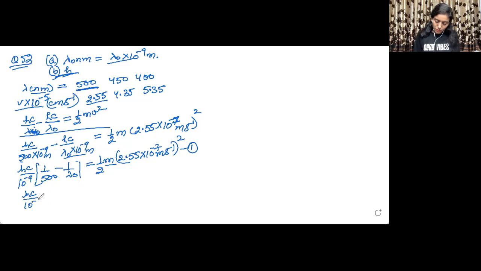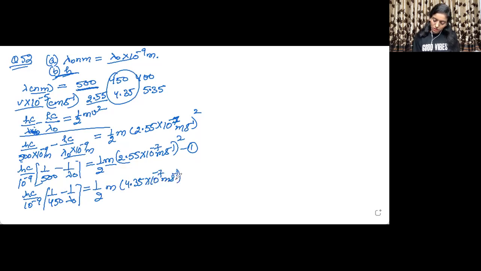hc upon 10 raised to the power minus 9. Now for the second observation, I'm writing it: 1 upon 450 minus 1 upon lambda naught equal to half m V squared, where V for this is 4.35 into 10 raised to the power minus 7 meter per second, squared. This is equation number 2. Similarly, we can write equation number 3 also.